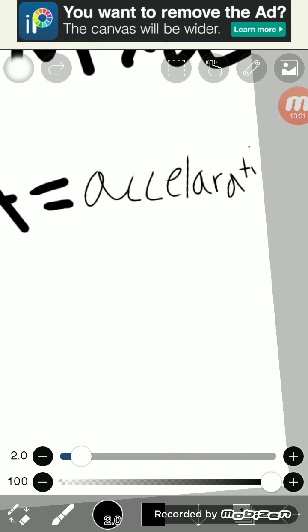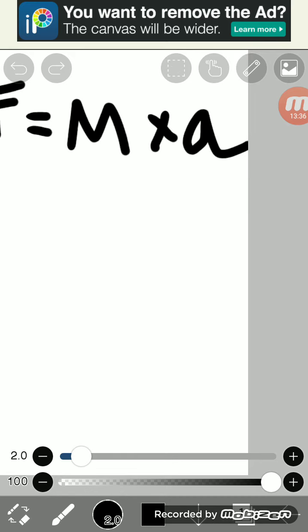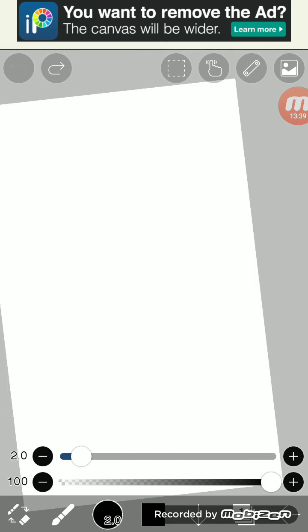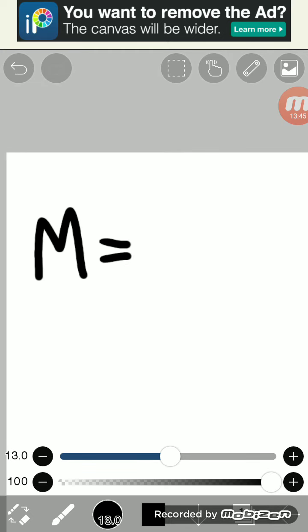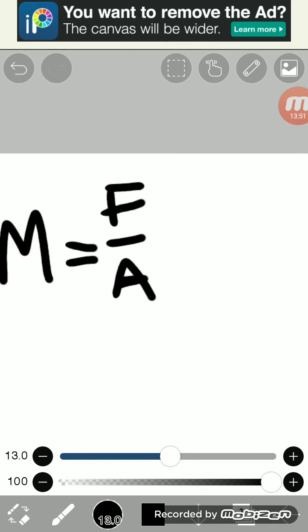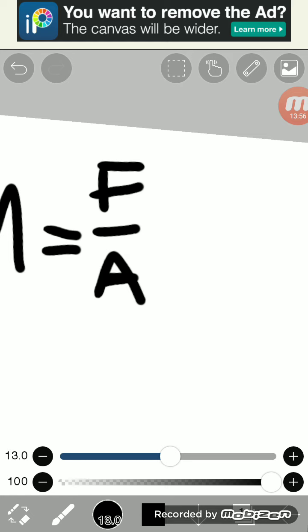Next one is mass. Mass equals force over acceleration, where M is the mass of an object, F is the amount of force, and A is acceleration.